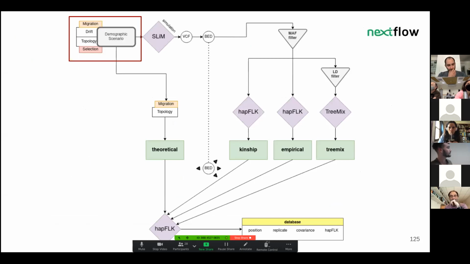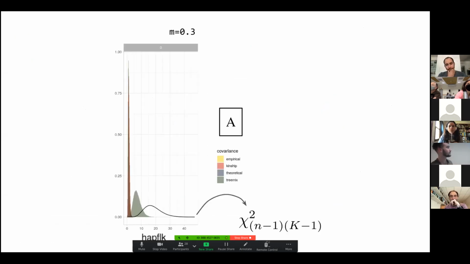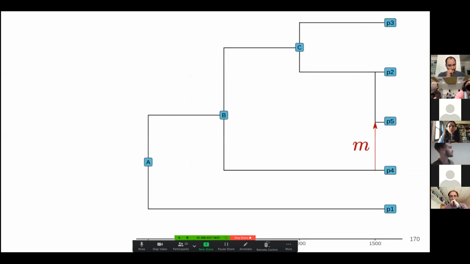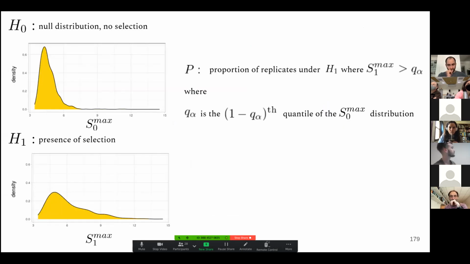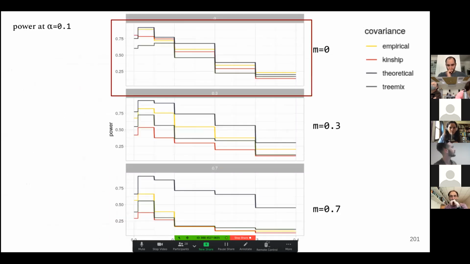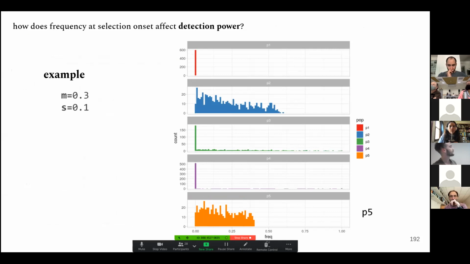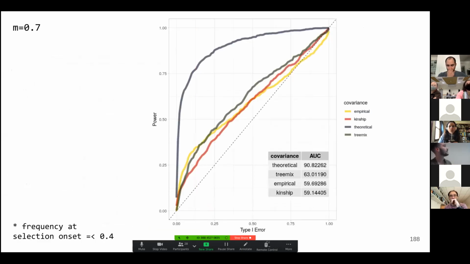When we see the ROC curves, the theoretical matrix performs better, and then the other matrices do not perform very well. This is expected. The theoretical matrix is like the best that you can get.